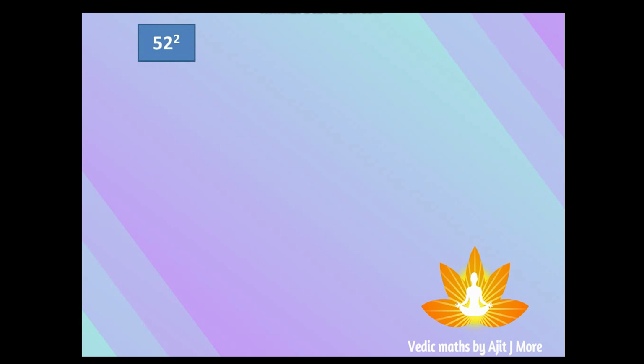Let's see one more example. 52 square. You do it in your mind. The first part is going to be 25 plus 2. That's simple. 25 plus the unit place digit. Who is at unit place? 2. 25 plus 2 is 27. And 27 is going to be the first part.